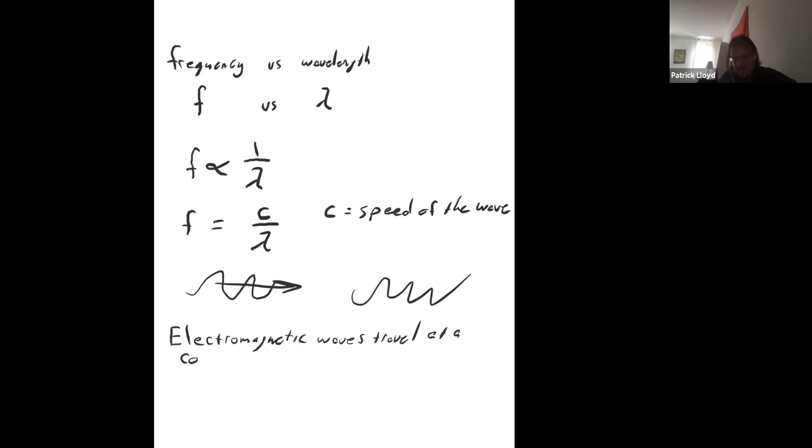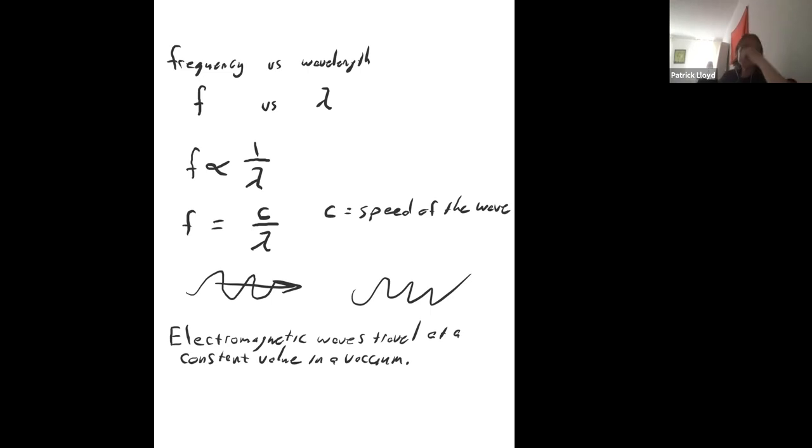They travel at a constant value in a vacuum. So if you're in outer space where there's a vacuum, they all travel at the same speed. Doesn't matter what the type of wave is. It could be a gamma ray or a radio wave, the most extreme examples of electromagnetic waves.